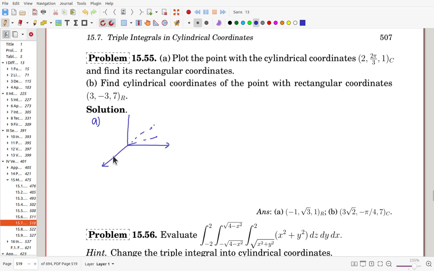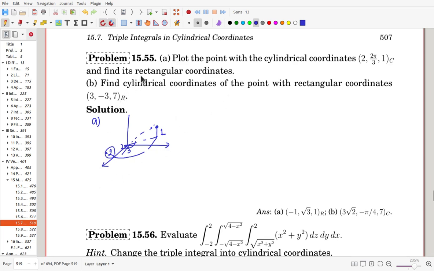Then in the z direction we go up 1, so the point will be this one. The angle is 2 pi over 3, the radius is 2, and the height is 1. In this way, you can visualize the point.